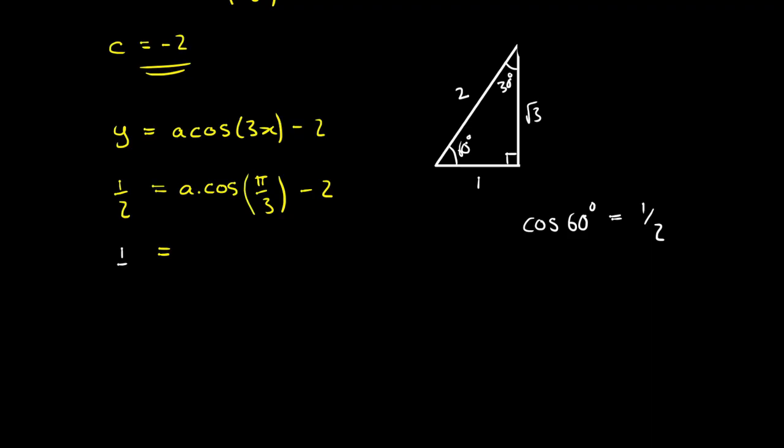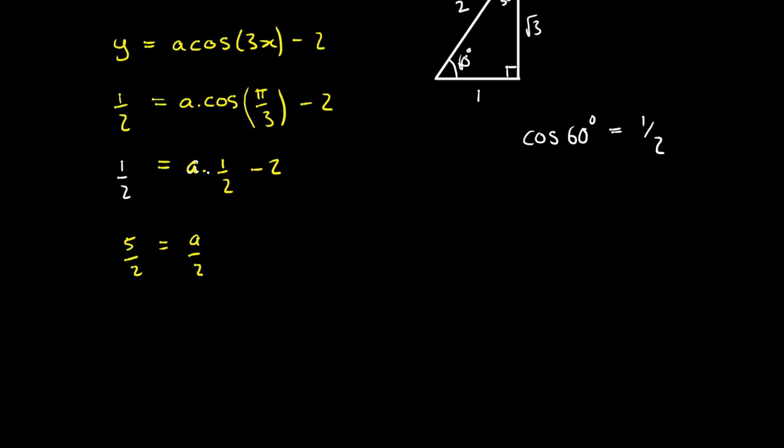Okay, so we have a half is equal to a times a half, minus 2. And so if I add 2 to both sides, I get 5 upon 2 is equal to a upon 2. And that means that a is equal to 5.